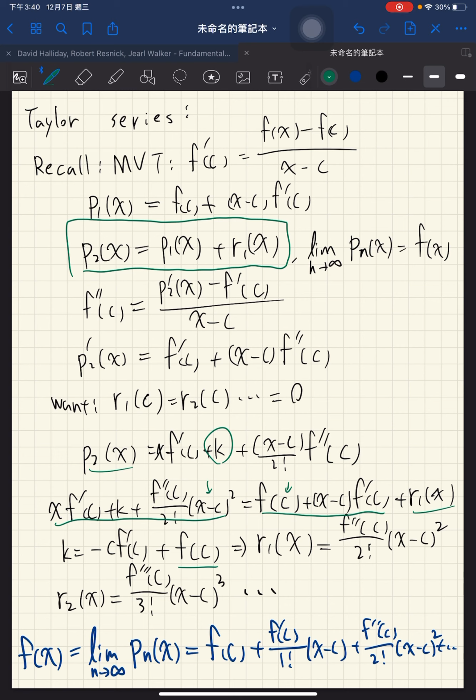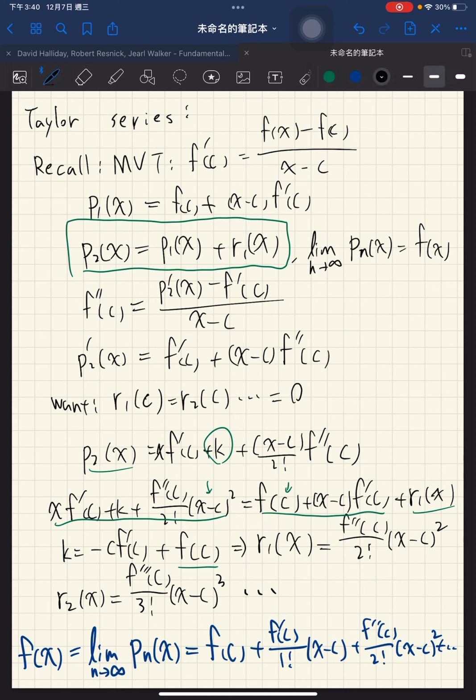And for the further approximation, we assume that P3 is equal to P2 plus the second order remainder of x. Alright. And we will repeat the procedure above.